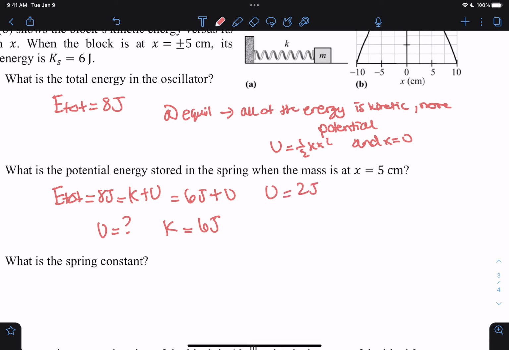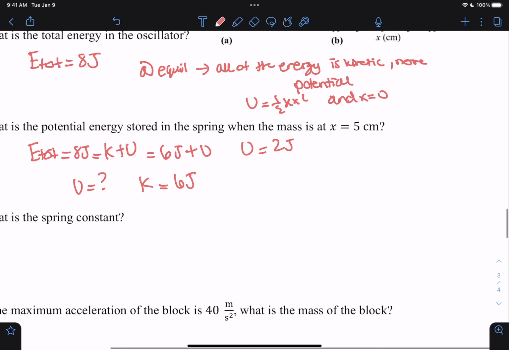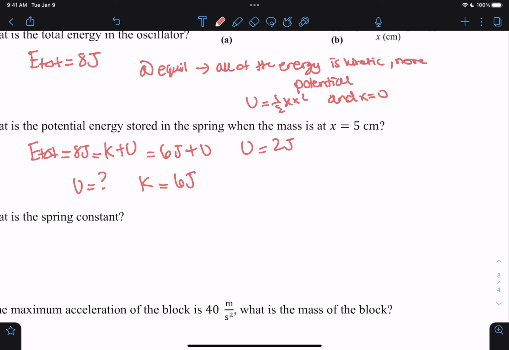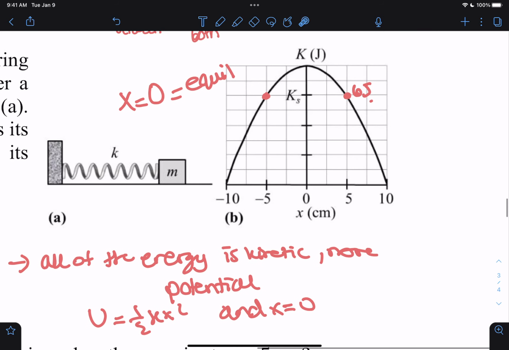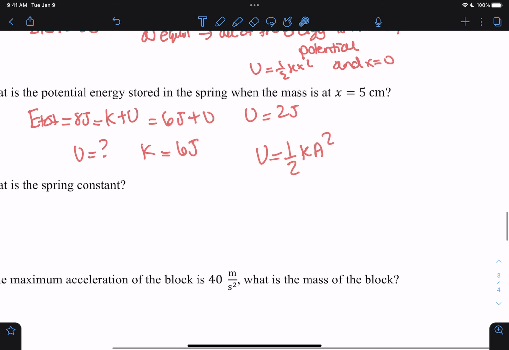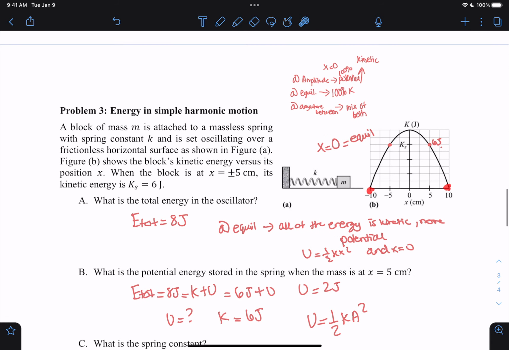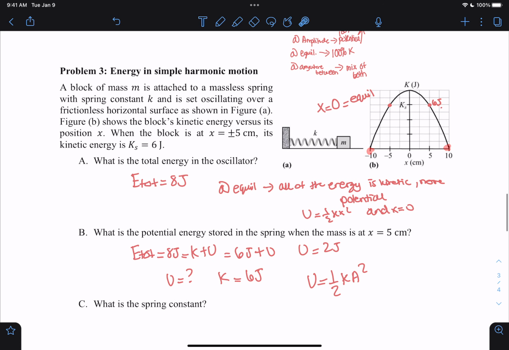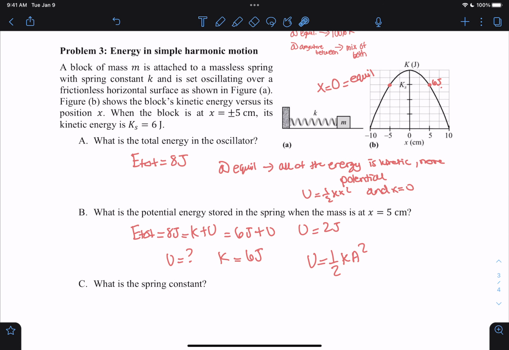Now, Carlos, when you were saying half ka squared to figure out what U is, well, that's going to be the amount of potential energy at the amplitude. So U is equal to half ka squared, where A is the amplitude, which here is 10 or negative 10. If I were to plug that in, I would get that same total 8 joules.